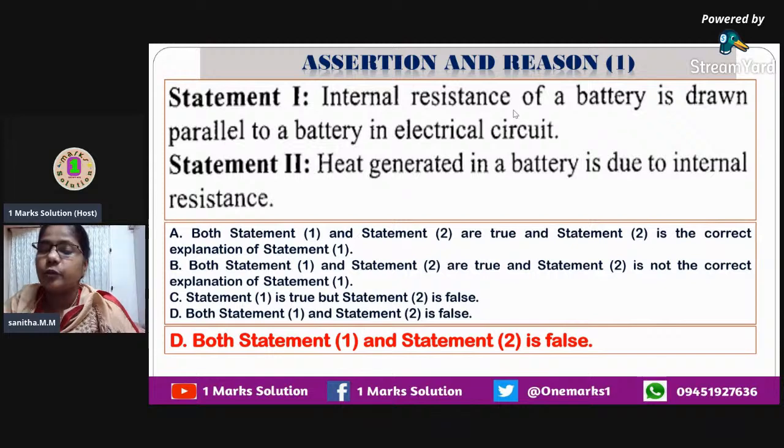Please study these. Why am I telling this? Because usually children make a mistake. What are the factors affecting resistance? If it is internal resistance, you have to write all these things. If it is resistance, you can say length, area, nature of the material, and so on. So please read the question and write the answer for it.